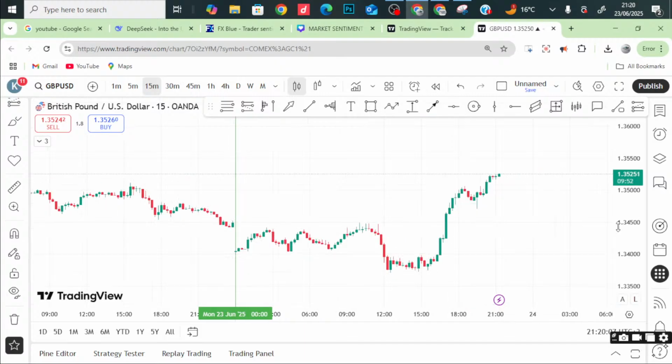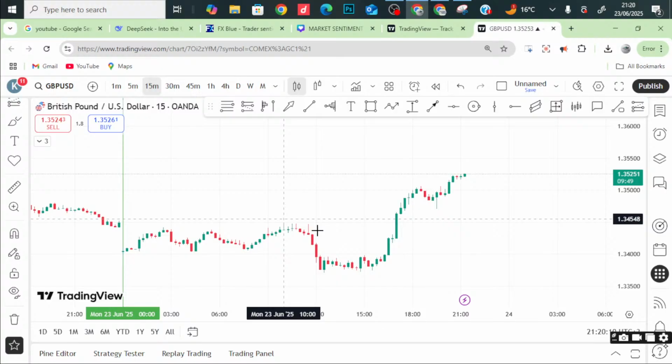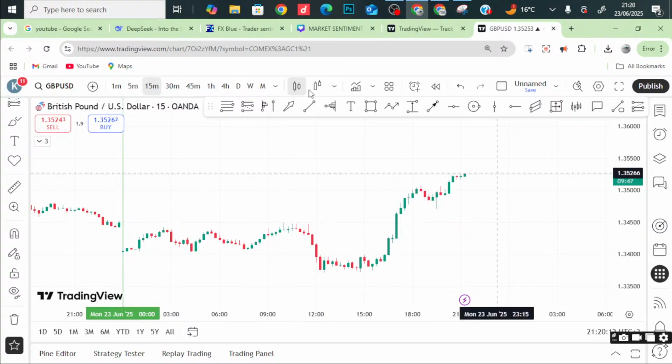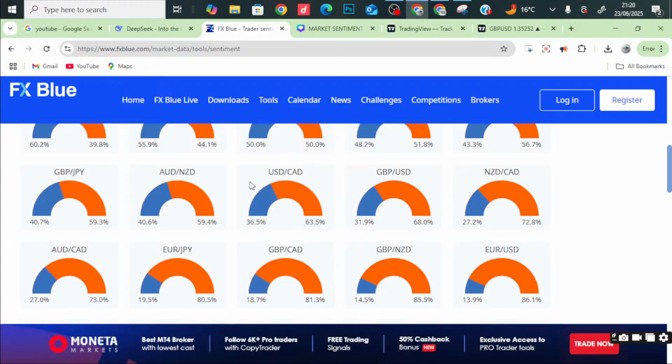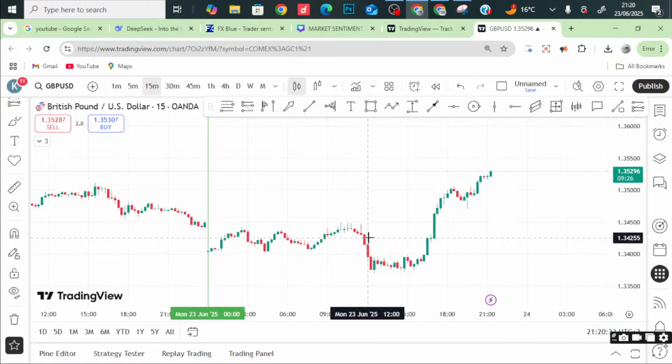As you can see, the market was bullish, and here it is saying the market was bearish. So it means if you had gone against the sentiment, you would have been in good profit.